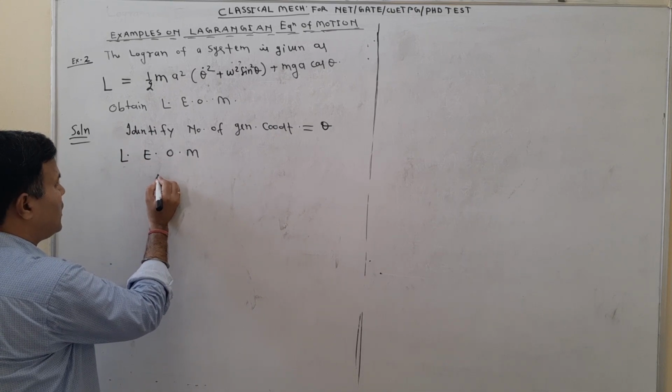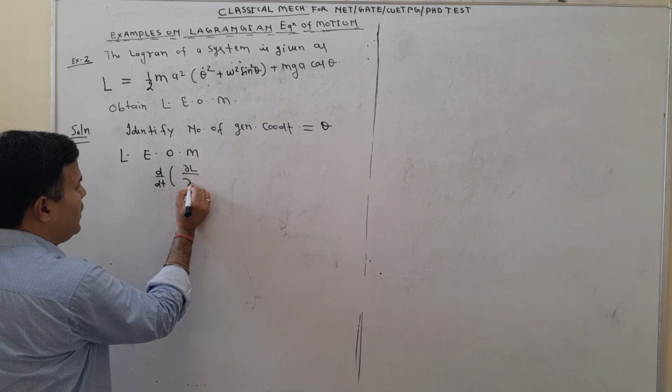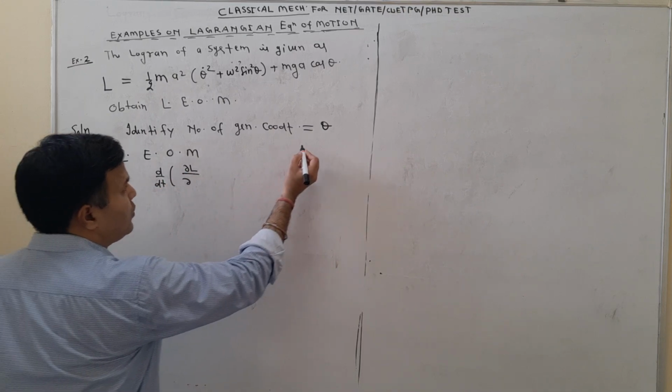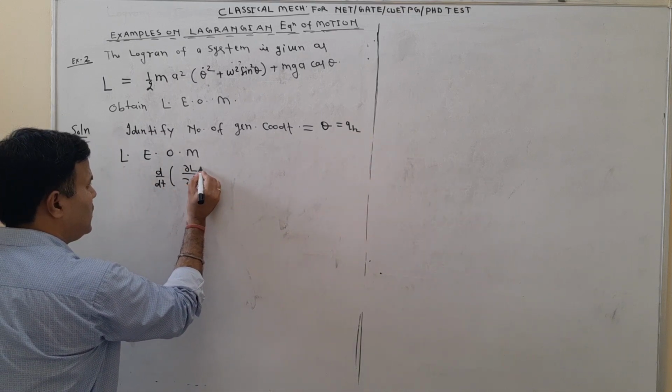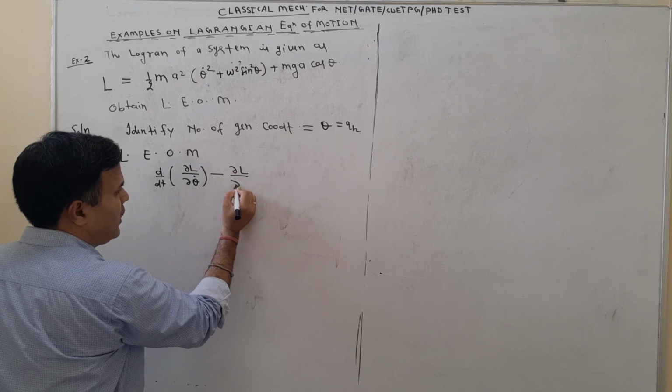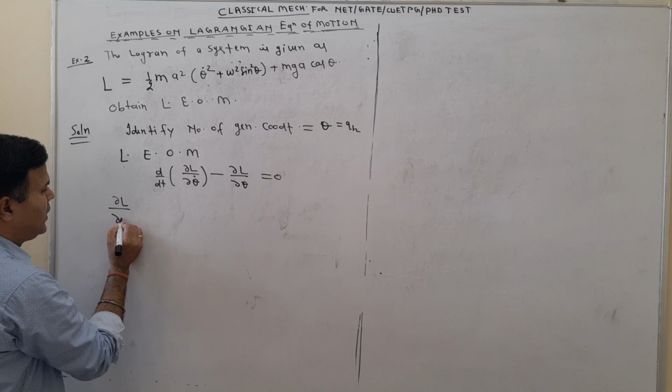So the Lagrangian equation of motion is simply d by dt of del L by del qk dot minus del L by del qk equal to 0. Our qk is theta only. So what is del L by del theta?